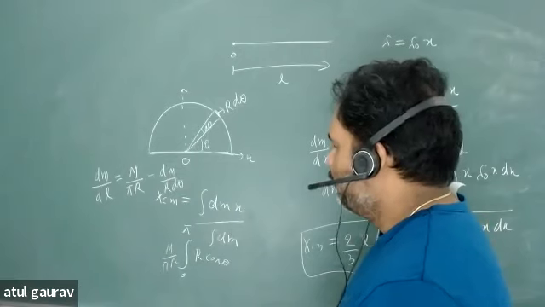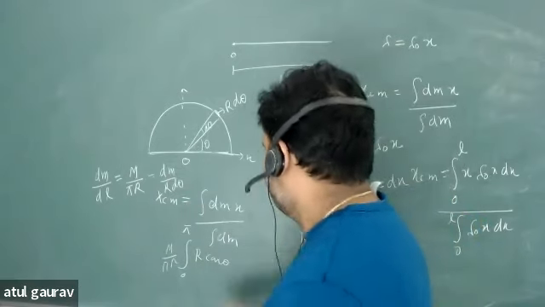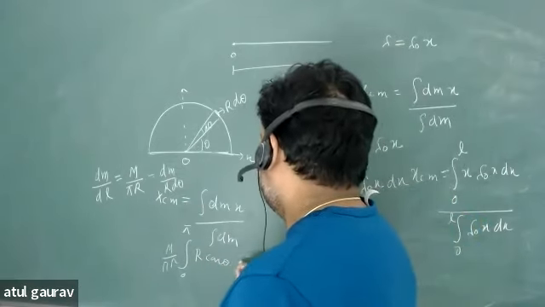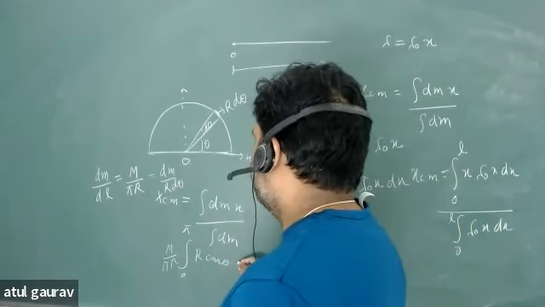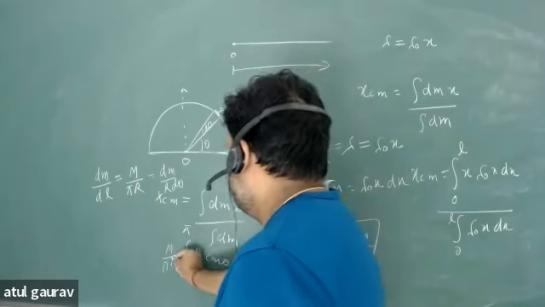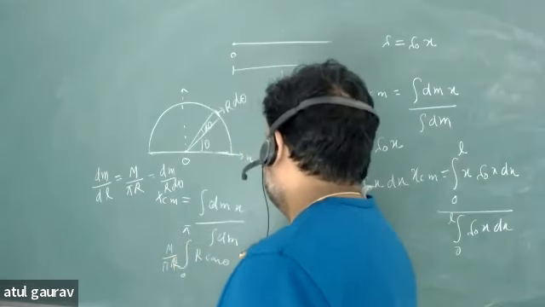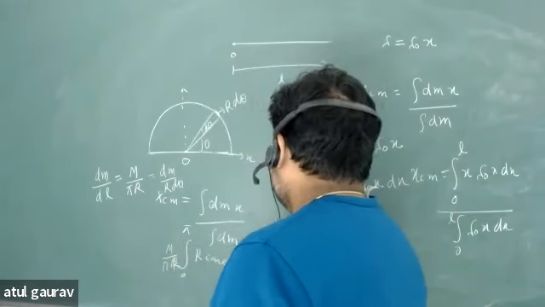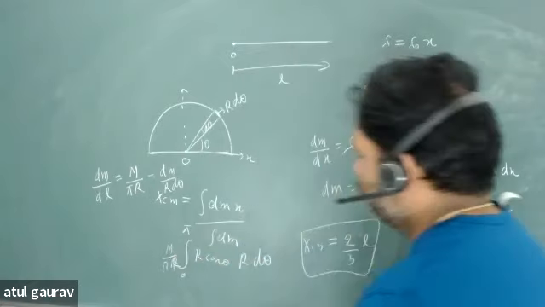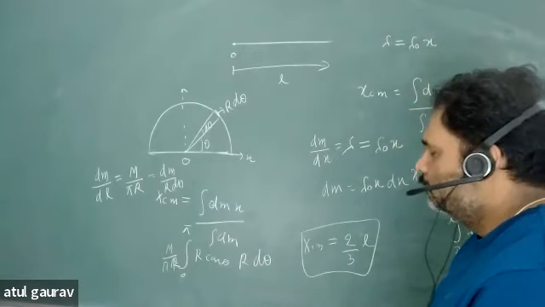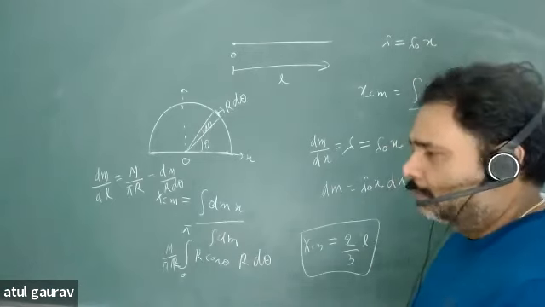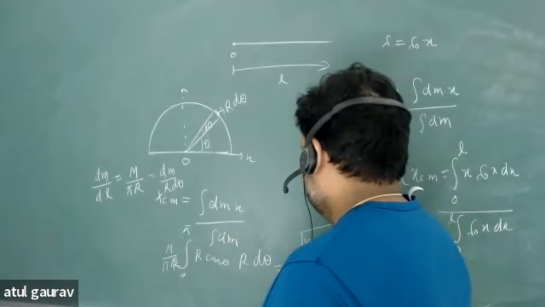Okay, so just put it here. What will happen? R cos theta, and the value of dm is m upon pi r into r d theta. And what is the integral of cos theta d theta from 0 to pi? 0. Yes, sir. So this is your 0.